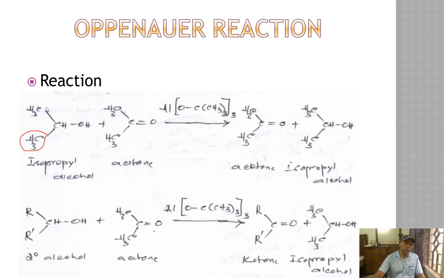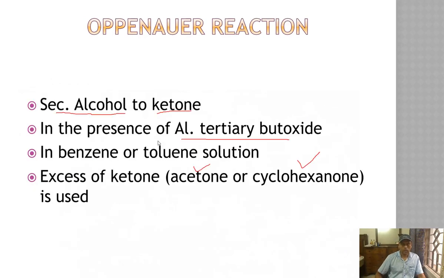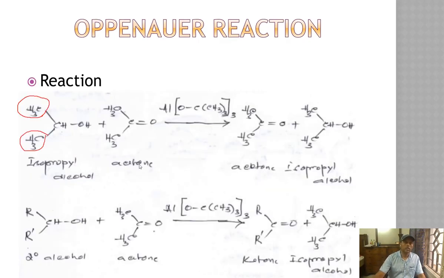If this is hydrogen, then it is a primary alcohol, but there is one more here, the second group is attached, so it is a secondary alcohol. So here it is isopropyl alcohol. As I already told you, you have to use excess of ketone, acetone, right? We are using acetone here.